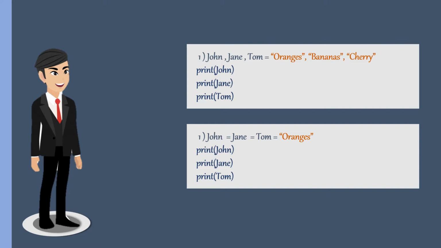The best method would be assigning all of them a single value because it will help your code to be readable and also eases debugging. Thus if we call the built-in print method and pass in the respective variable name as an argument, we shall get back our oranges as the return value in each method call.